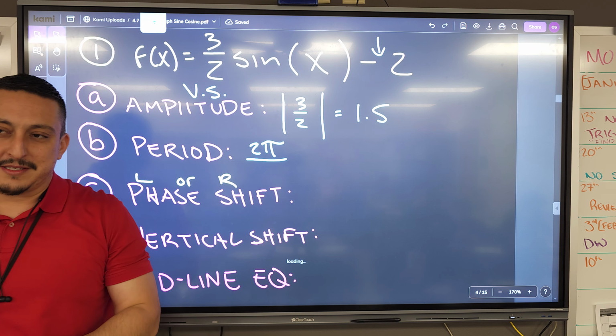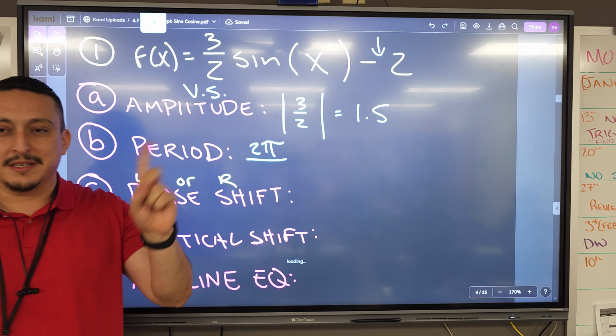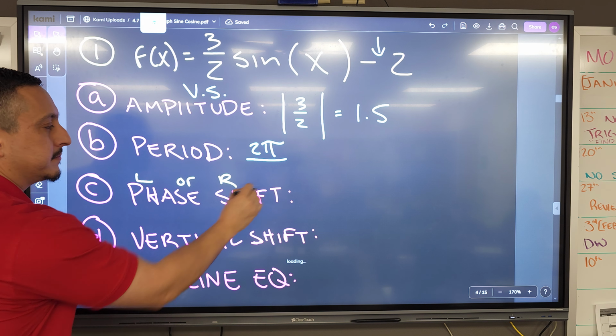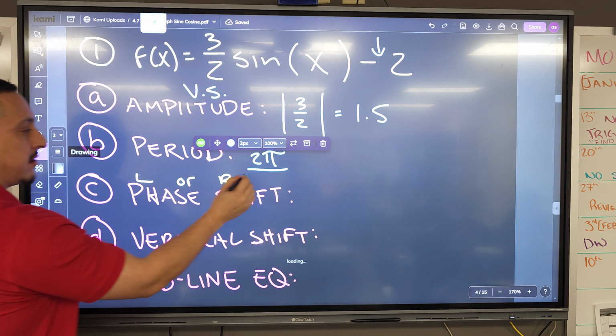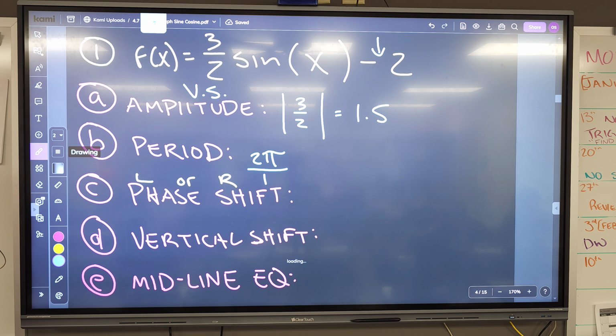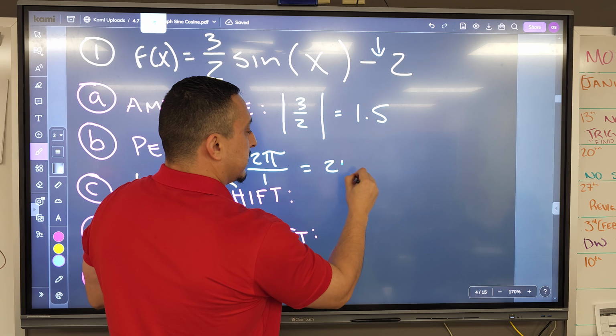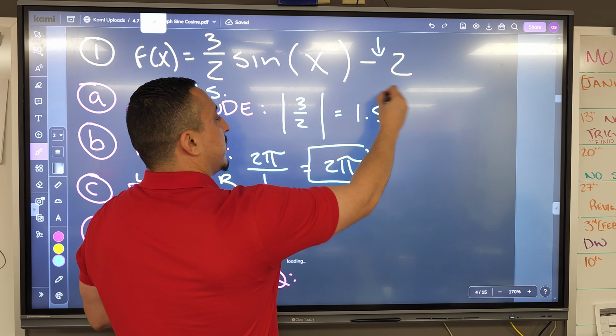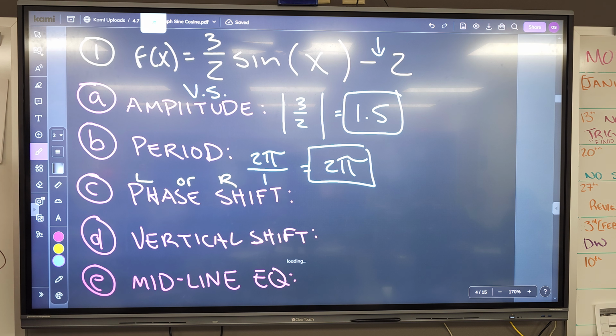So it'd make everything disappear. So it's not 0, it has to be a 1. And then 2 pi, anything divided by 1 is just the same thing. So there's our amplitude and period. See how easy it is? Easier than if I were to graph it.